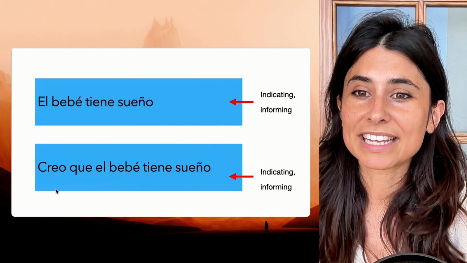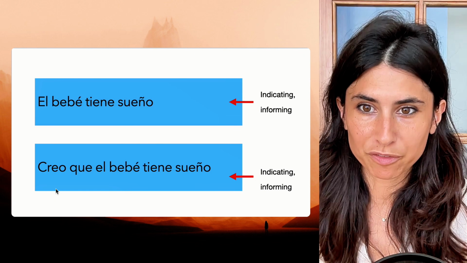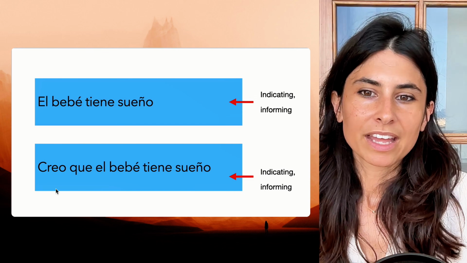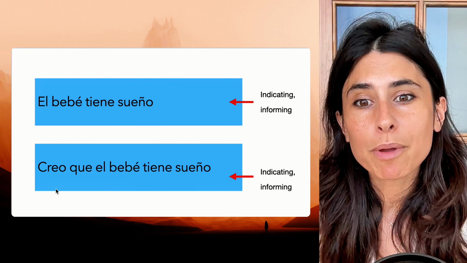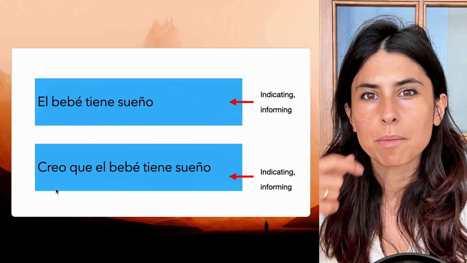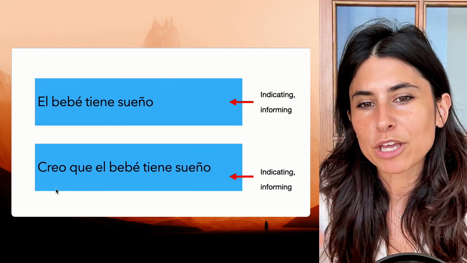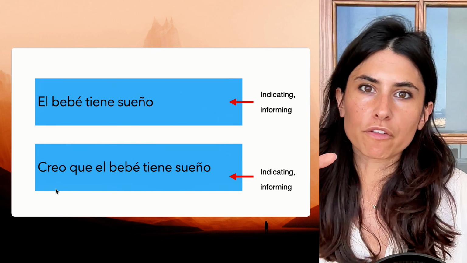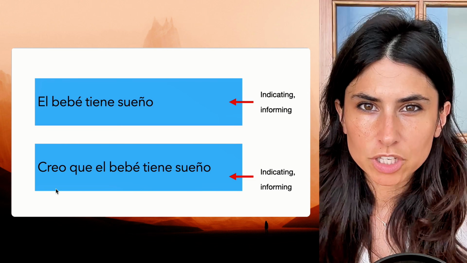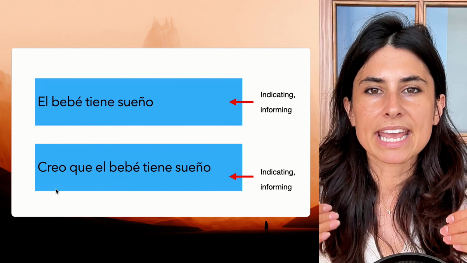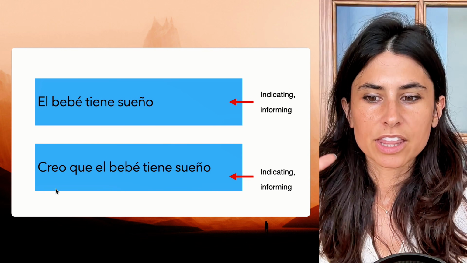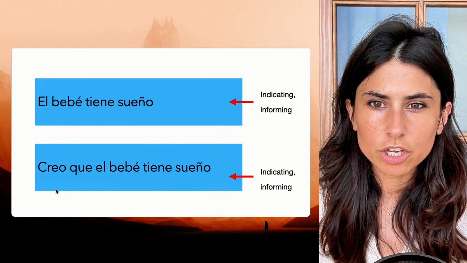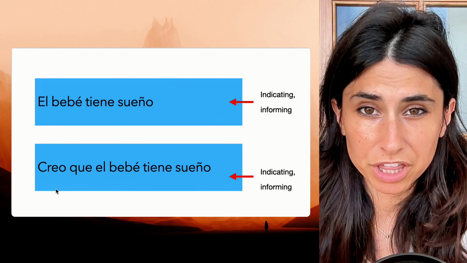Now, if I said in affirmative, el bebé tiene sueño, informing the baby is sleepy. But if I say, creo que el bebé tiene sueño, why am I using here indicativo and not subjuntivo? Because I believe the fact. If I believe something, if I say, hey, I believe this is information. I'm informing you that this is what I think.